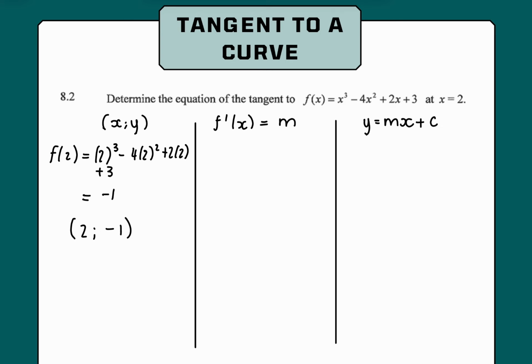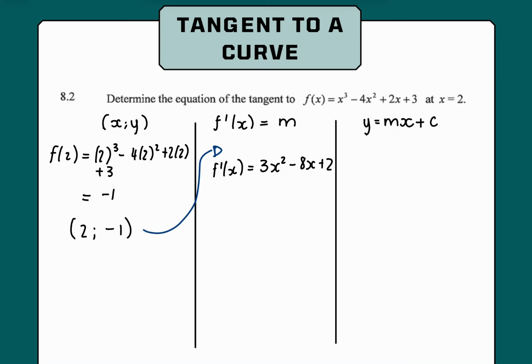You will then move into the next column, and you would then have to derive. You would get 3x squared minus 8x plus 2. But remember, that just gives you what the gradient formula would have been, but it does not tell you at what value.